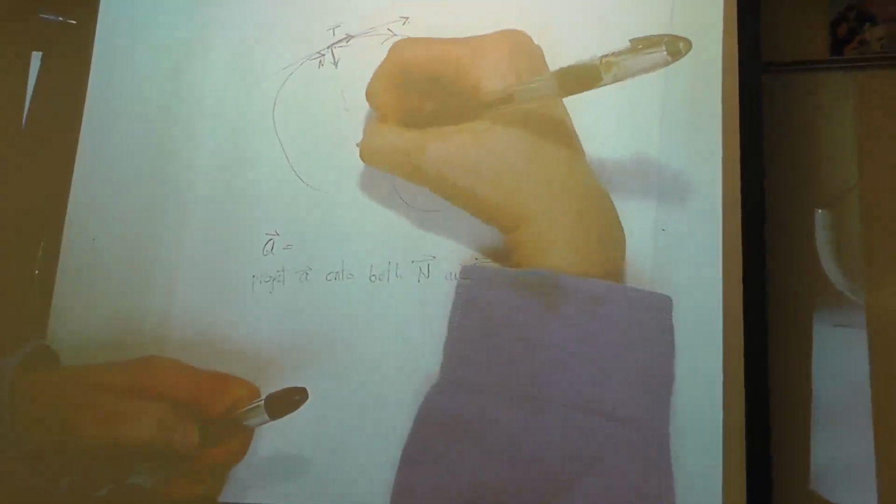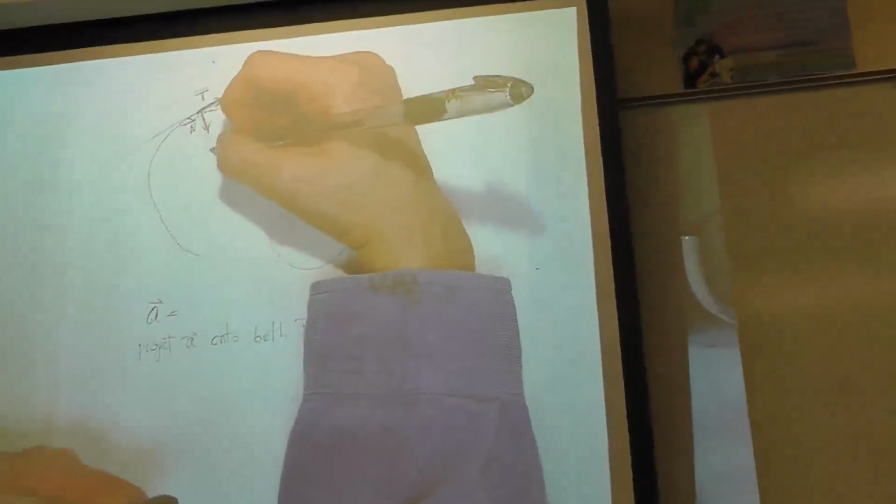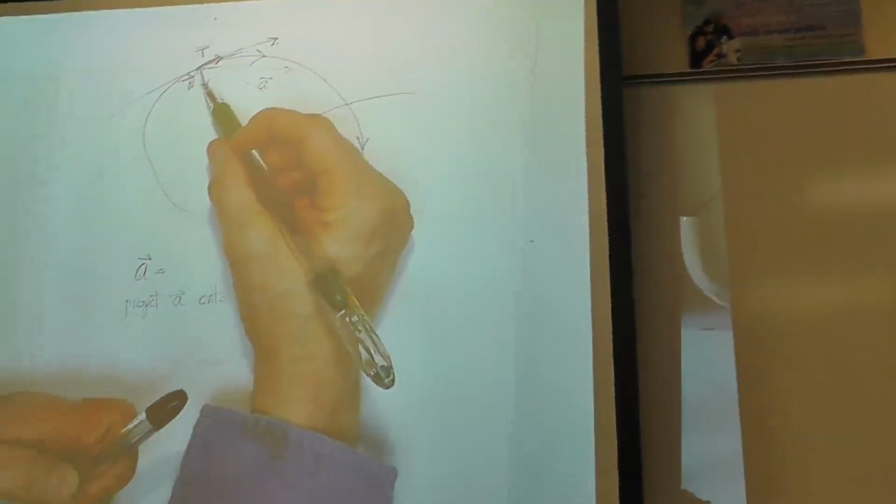And if I projected A onto N, I'd extend this line, drop a perpendicular down, and this would be the projection of A onto N. You guys see it?